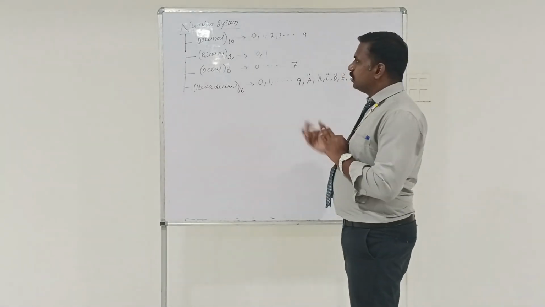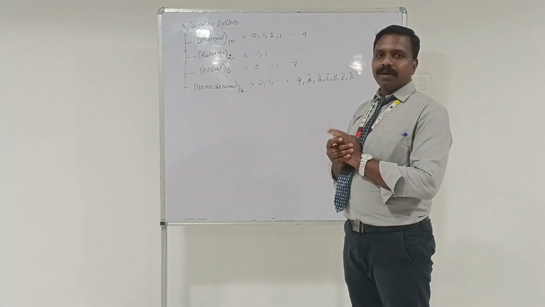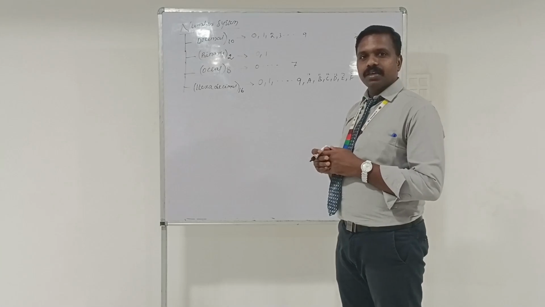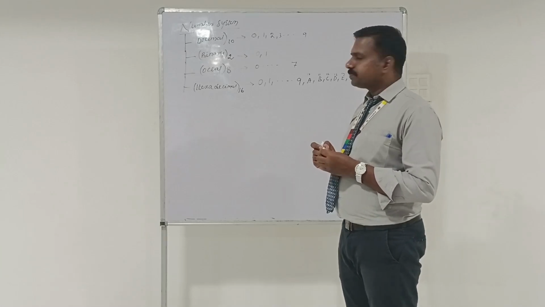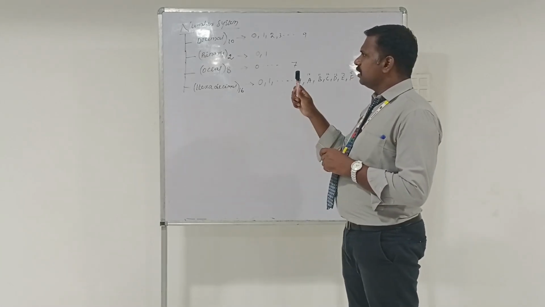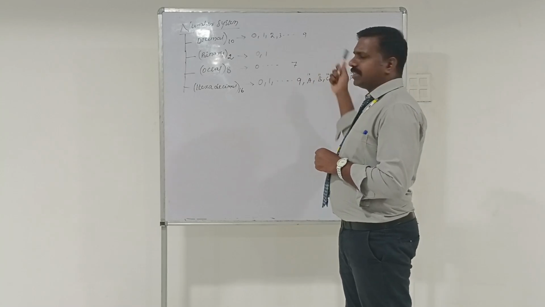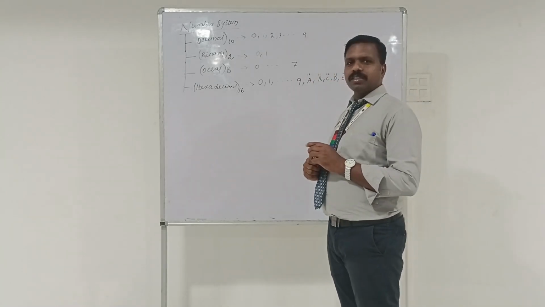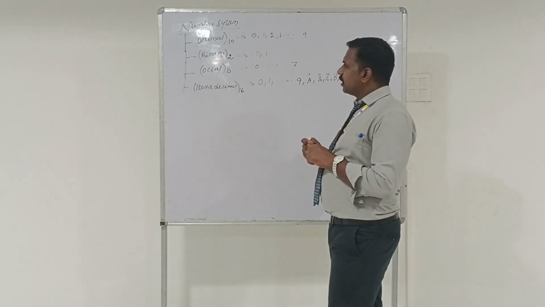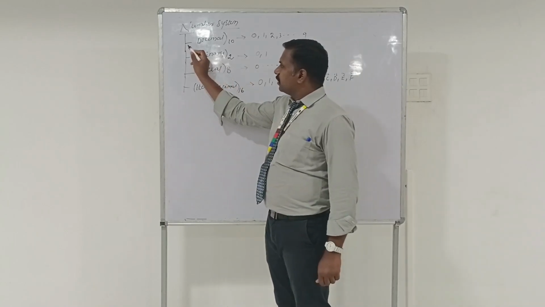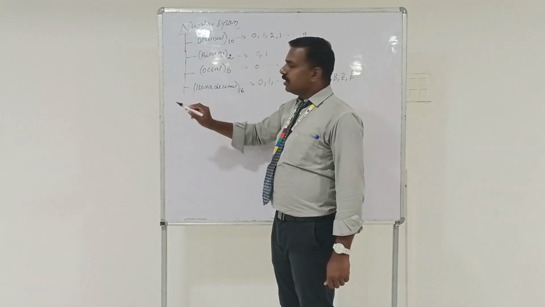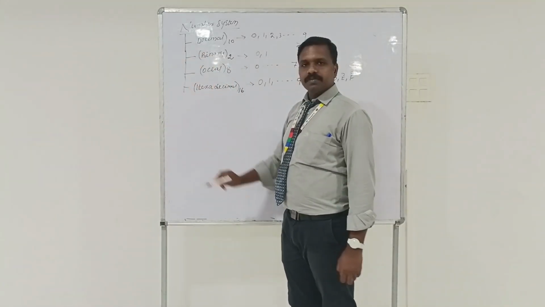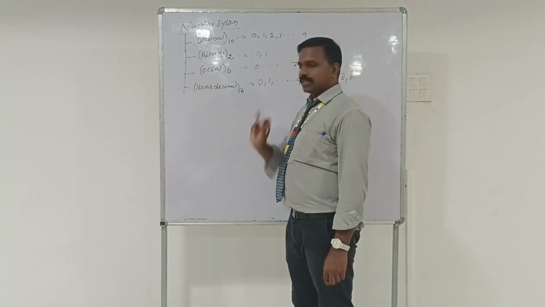Next, we are going to discuss number system conversion. In number system conversion, how to convert decimal into other number systems. Decimal to other number systems means first we discuss how to convert decimal into binary, decimal into octal, and decimal into hexadecimal.